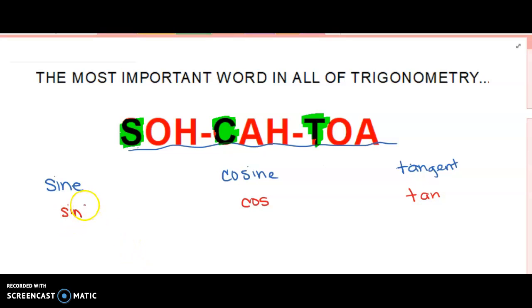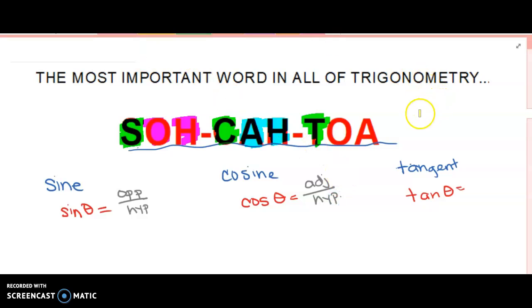Okay, so I'm going to say my sine of theta, so the sine of my angle, the cosine of my angle, the tangent of my angle, okay, is equal to, now if I go back up to this acronym, after my SO is my O and my H, okay, so sine of theta is the opposite over my hypotenuse, okay. My cosine of theta, after my cosine, I have my A and my H. So the cosine of theta is always my adjacent side over my hypotenuse.